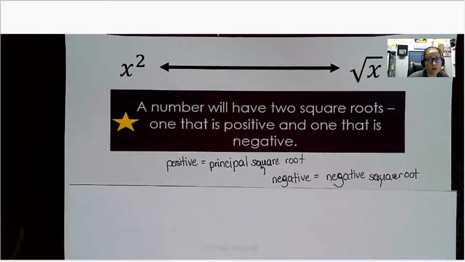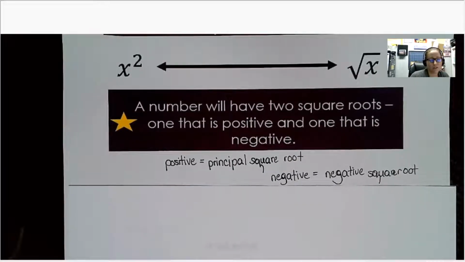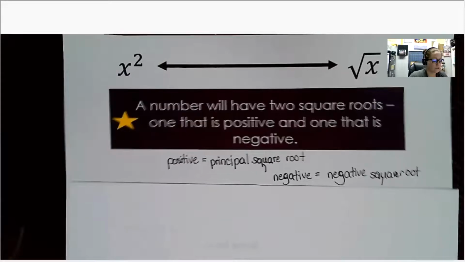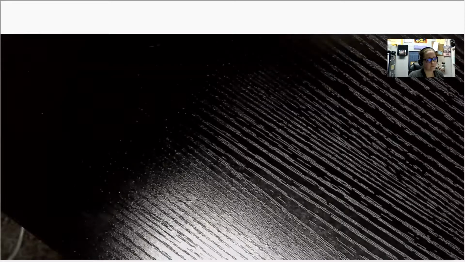This is going to be very important when you're completing IXL assignment F20, because they're going to ask you for 2 square roots for the answer of every question. So you have to remember that you're always going to have that positive and that negative square root when you're solving. Let's go ahead and take a look at some examples from this assignment.